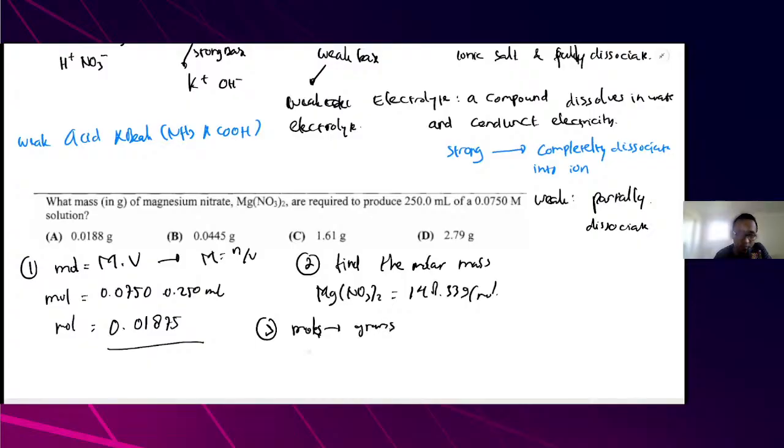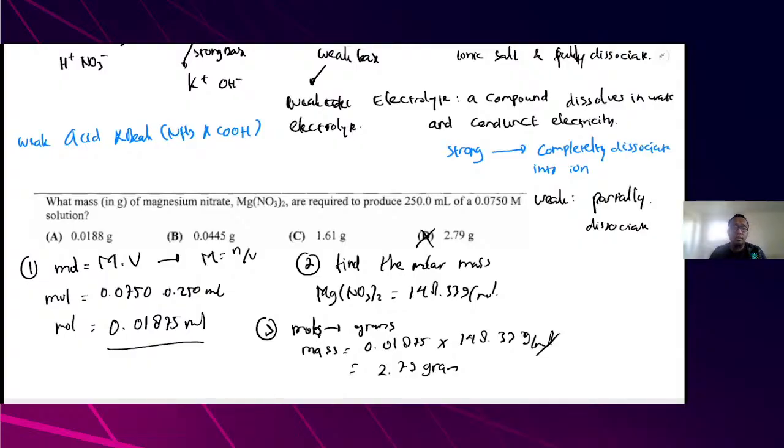Simply multiply the moles, 0.01875, times 148.3 grams per mole. Because this number is small, it will give us grams. So the answer should be 2.79 grams. The answer should be D.